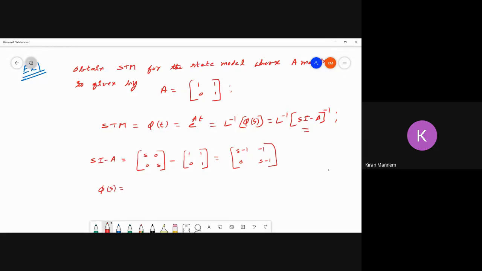Your resolvent matrix Φ(s) would be (sI minus A) inverse, right? So what is that? Adjoint of (sI minus A) by determinant of (sI minus A).